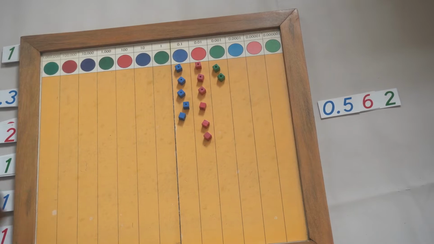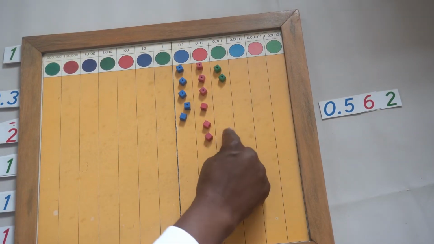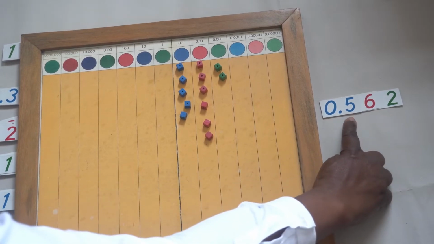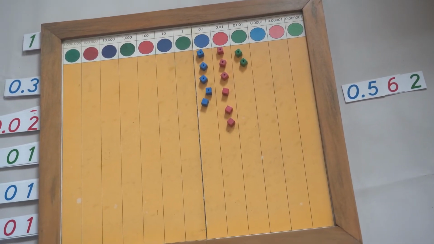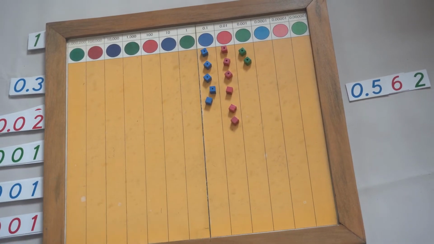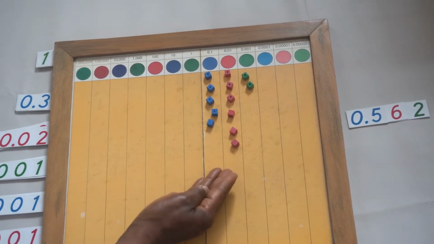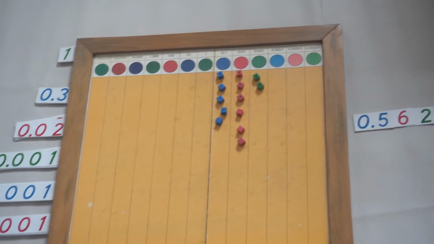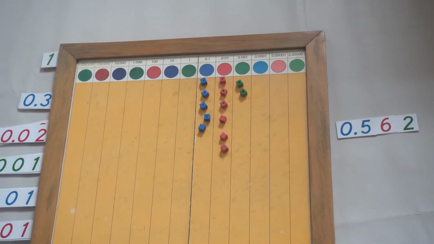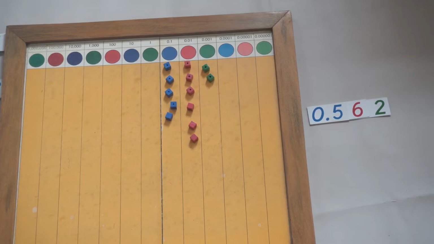So what I have now is 562 thousandths. I can go on and on and on. So it will be our own turn to form quantities and get the cards to match the quantities that will form on the board. Well, let's do maybe 2 more examples.